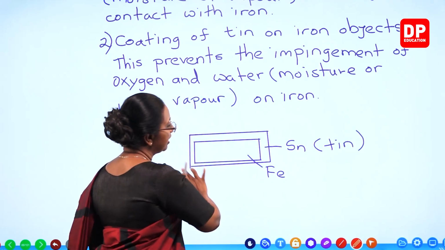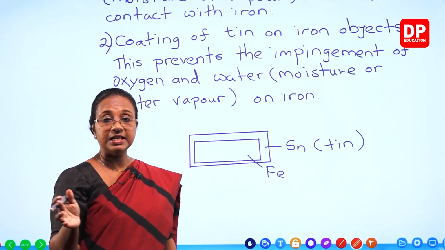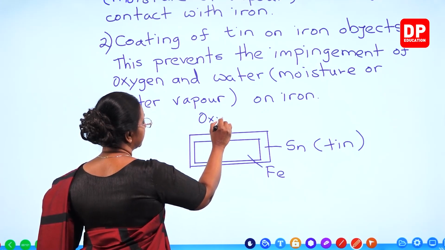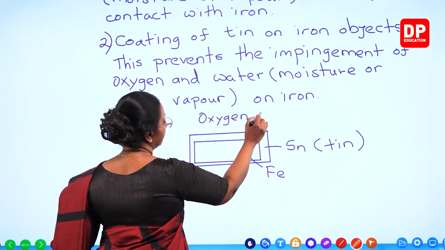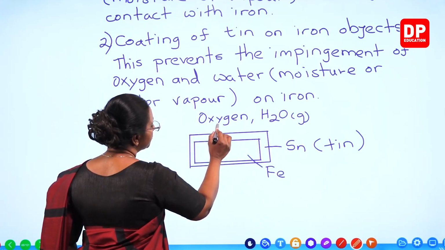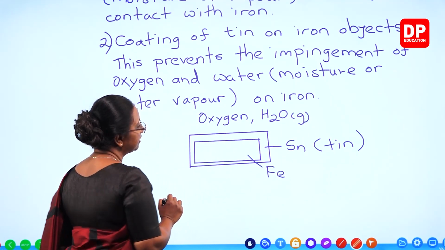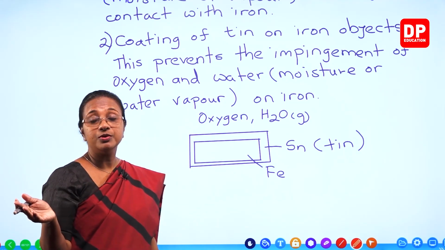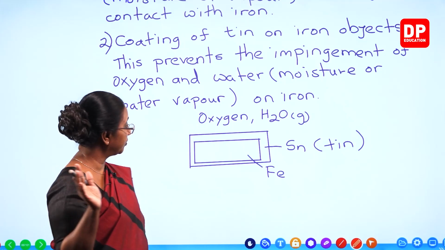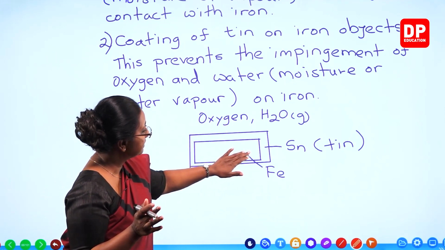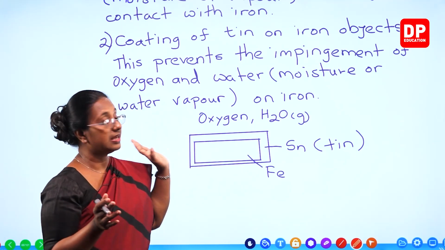So when we have a layer of tin over iron, what happens is oxygen is outside here, oxygen and water vapor or water. So they cannot come in contact with iron. So because of that, there will be no rusting. So that is what you have to remember there. Oxygen and water vapor outside, iron is there, but around iron there is a layer of tin.